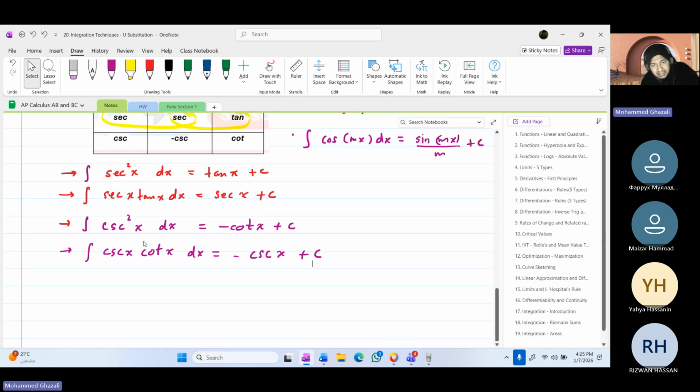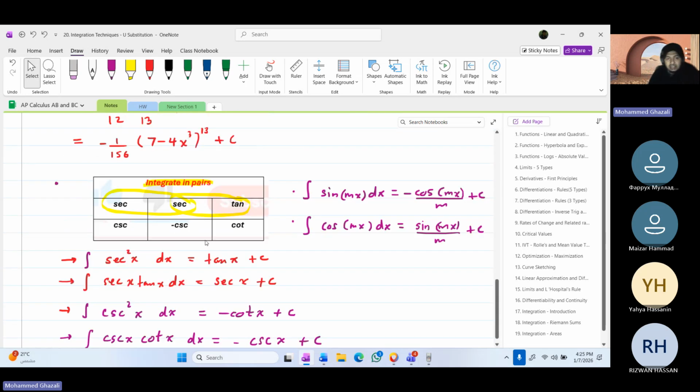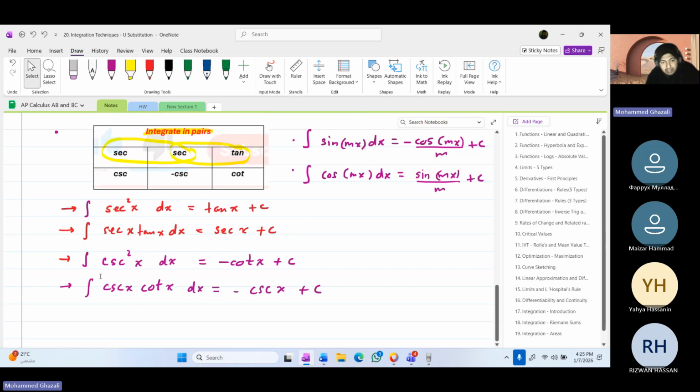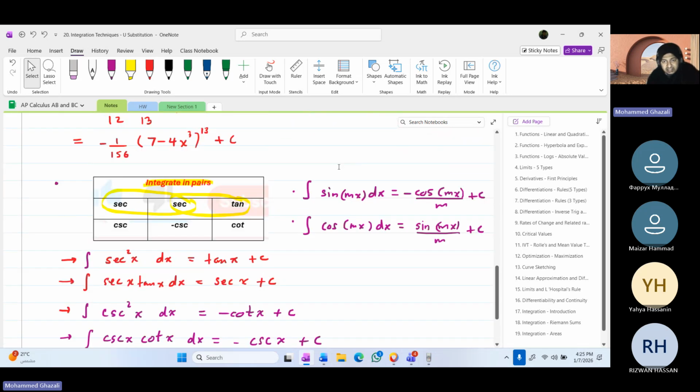So you can clearly see that I didn't integrate anyhow, right? I basically integrated in pairs, right? Now we will do an example of how to integrate tan and cot, but to integrate sec and cosec, we just need a little bit more extra knowledge, right? It is like kind of like u substitution, but we will do it at a later stage. Right, so these are the basic integral types.